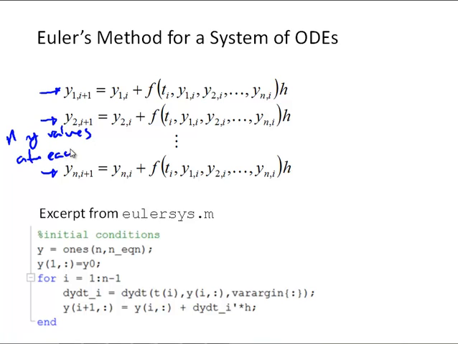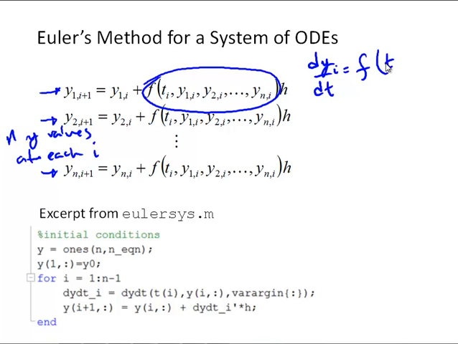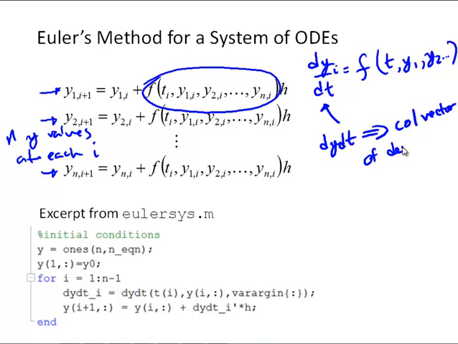And for each one, we will evaluate that function, which would be dy_i/dt equal to some function of t, y1, y2, etc. And we've written some function to return that, an anonymous function in our MATLAB code. We've got some function dydt that returns a column vector of derivative values.